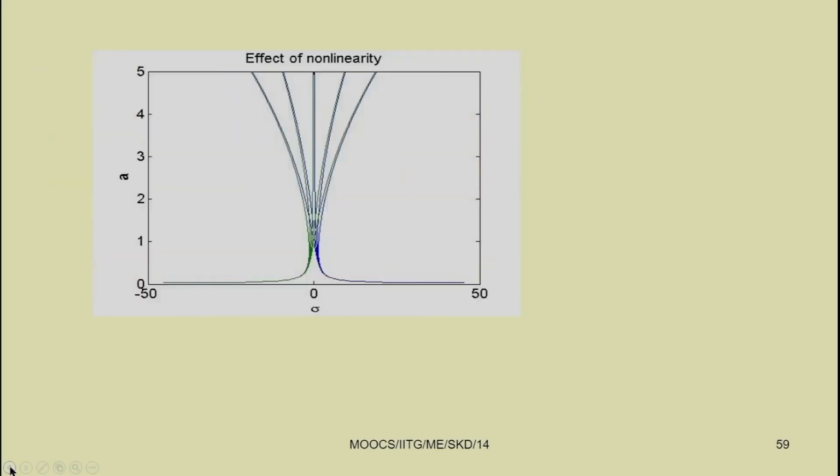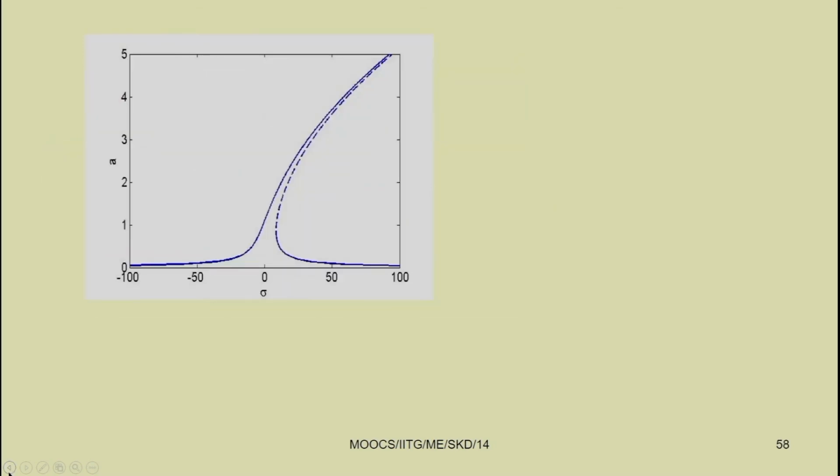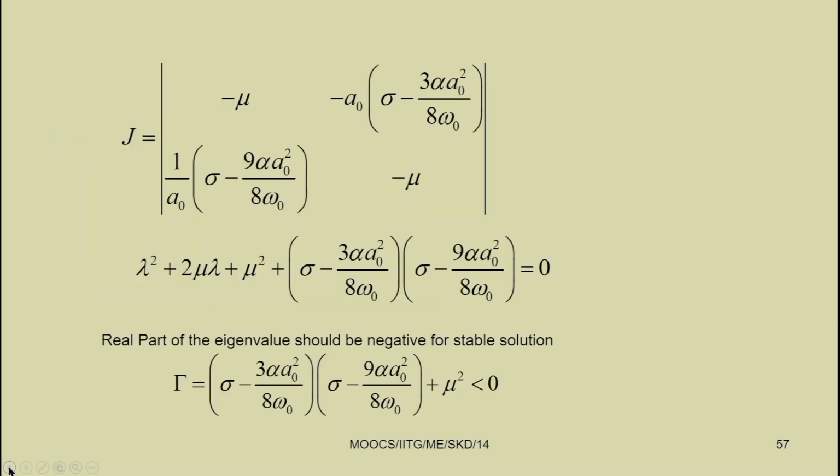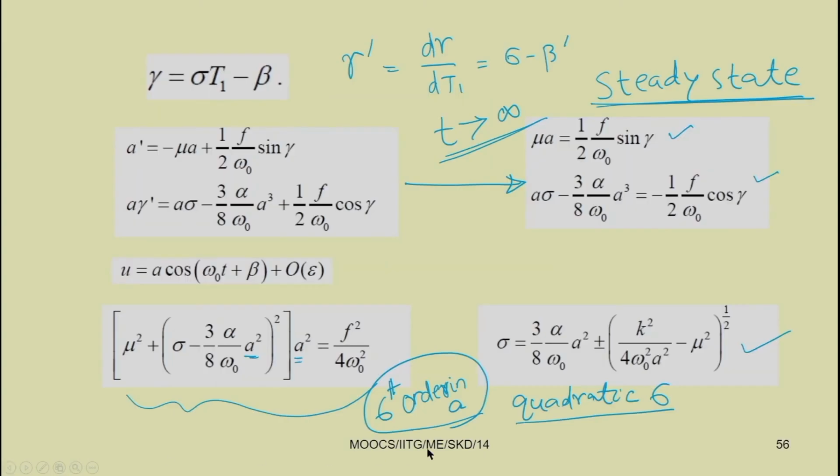Previously we have seen some other equations also. So, this is the equation. Now coming back to the doping equation, we already got the frequency response between A and sigma.